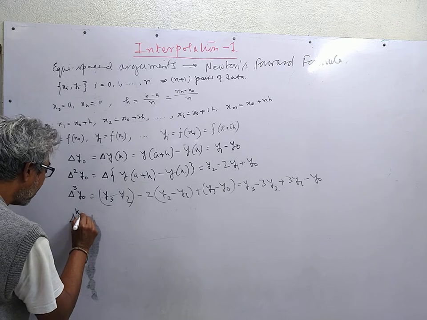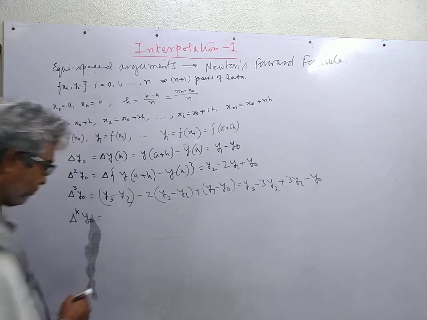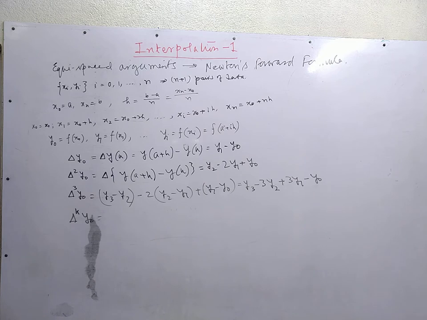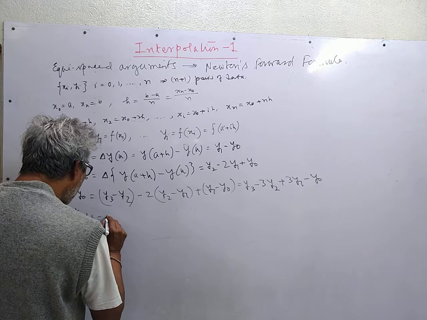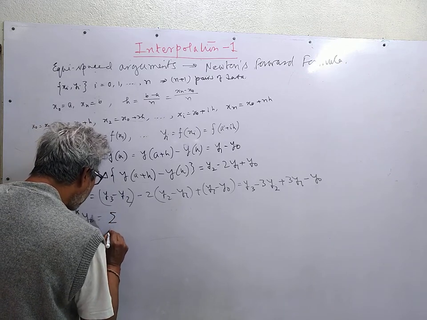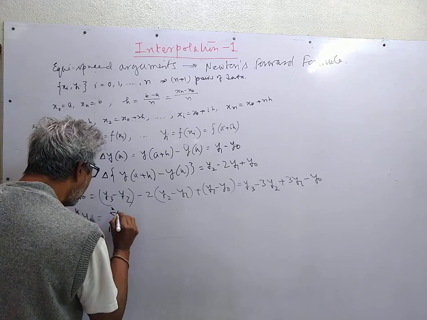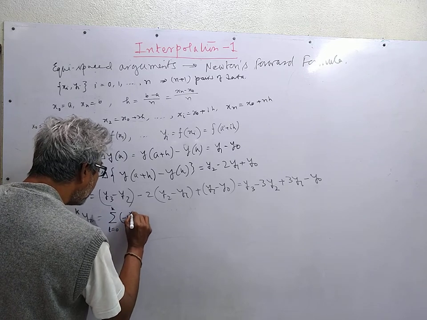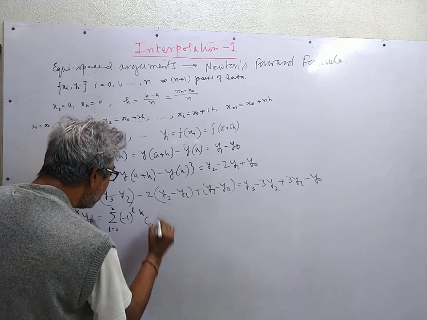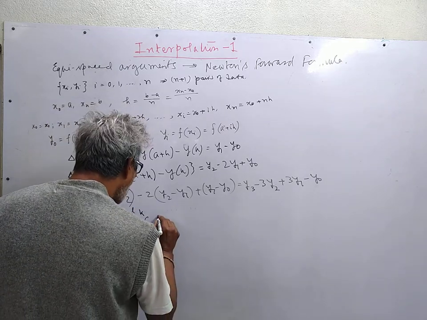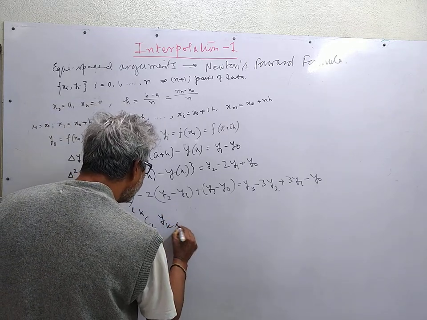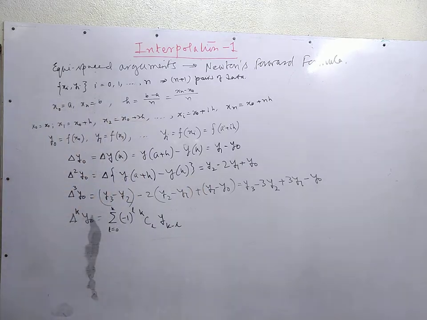So we can continue the difference in this way, and we call delta k of y0 equal to the summation over L equal to 0 to k of minus 1 to the power L, kCL, y of k minus L. Now let us check this.